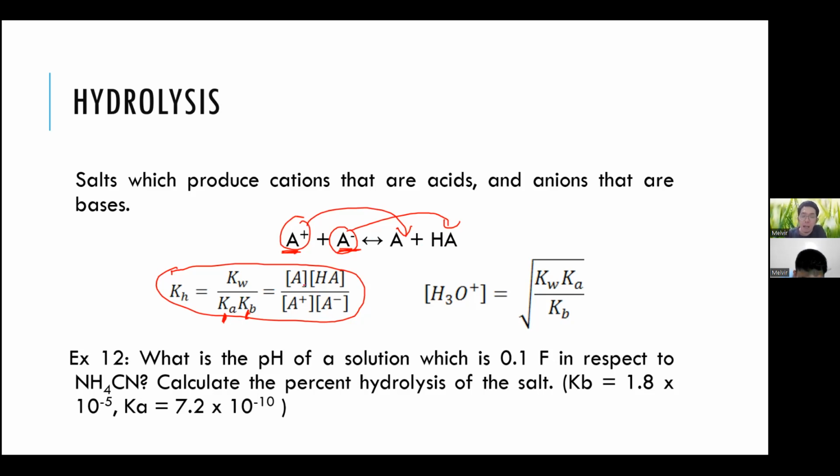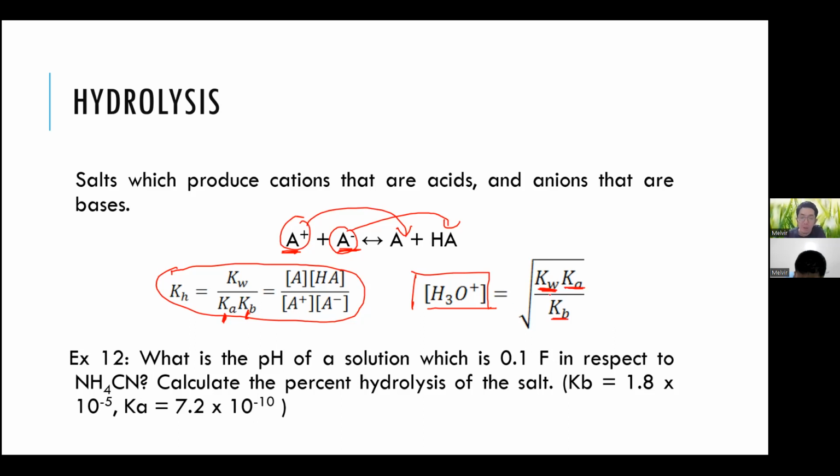The species are HA over A plus, and A minus. We can cancel out some species once you manipulate or substitute everything. So H3O+ depends only on the Kw, the Ka, and the Kb of your salt.